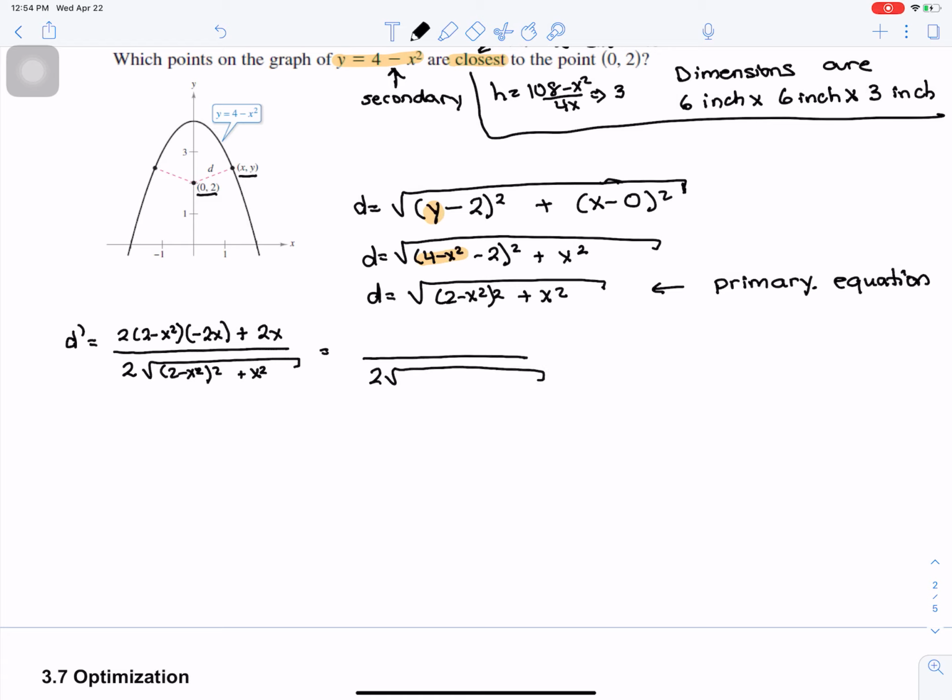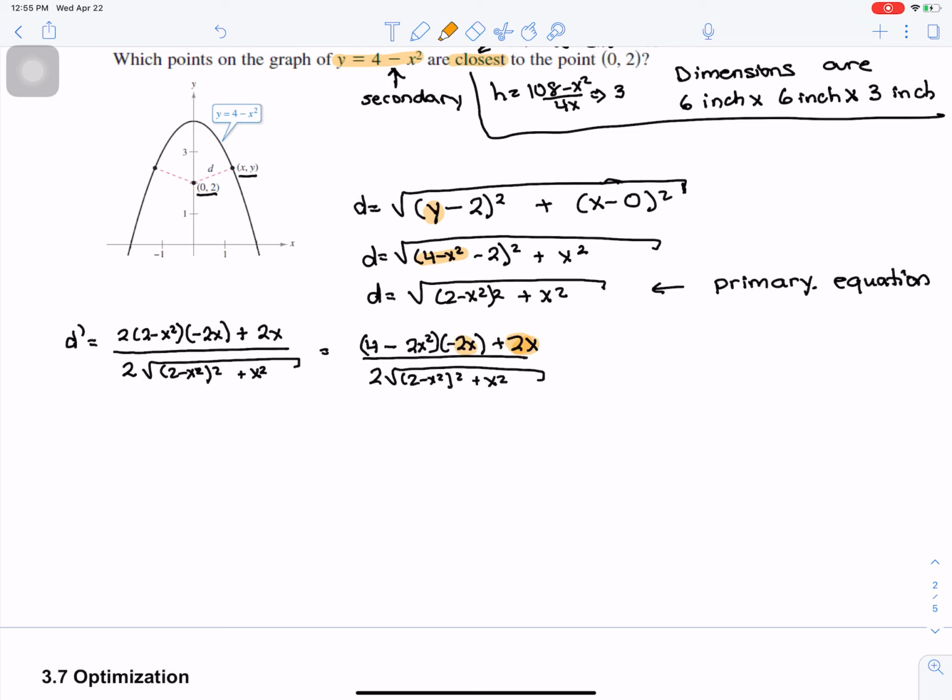I'm not going to do anything to my denominator. Numerator I'm going to distribute out. So (4 minus 2x squared) all times negative 2x plus 2x. Now instead of distributing this out fully, what I'm going to do is I'm going to notice that both terms on the numerator have a 2x in them.